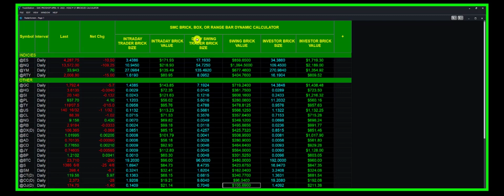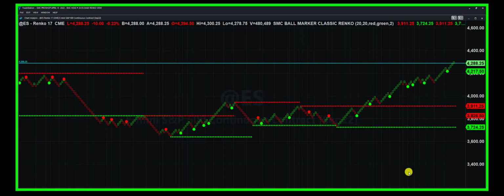If you are trying to mimic, which we are, what the daily swing trader might be looking at, who's looking at candles or God knows what, the brick size should be about 17. And that's what we have here. The brick size is 17.